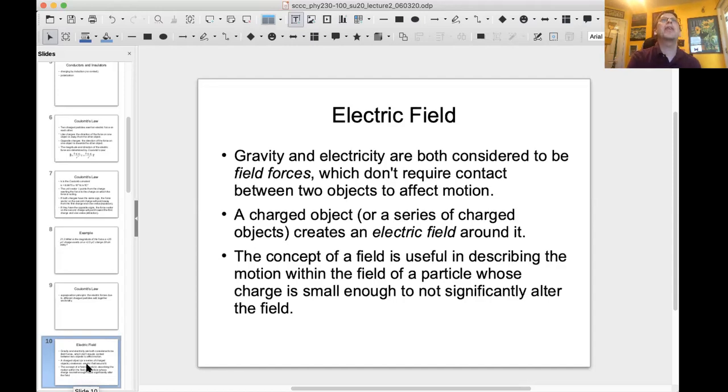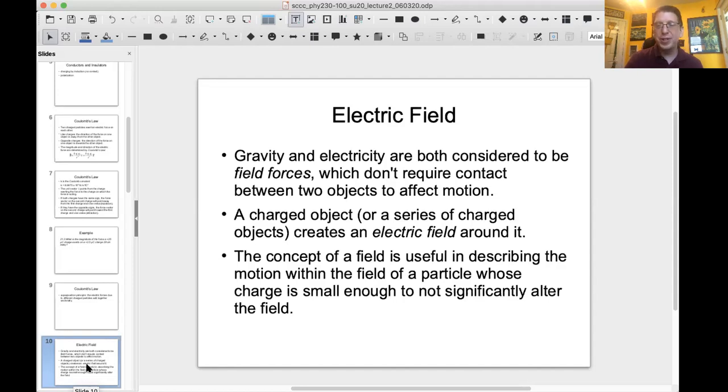Because of that, sometimes it's easier to talk about the field rather than the force, simply because the direction of the field depends on the source charges rather than the object that the field is acting on.